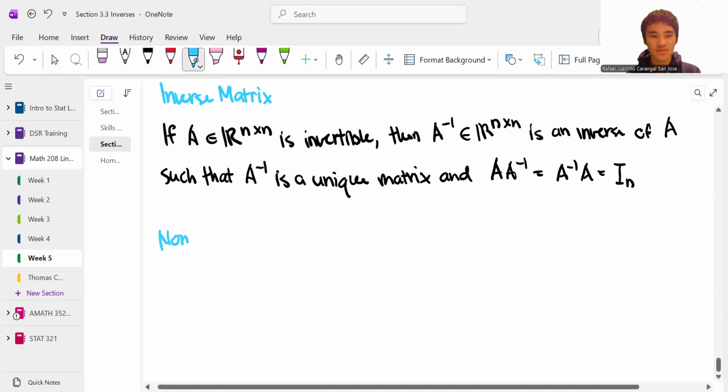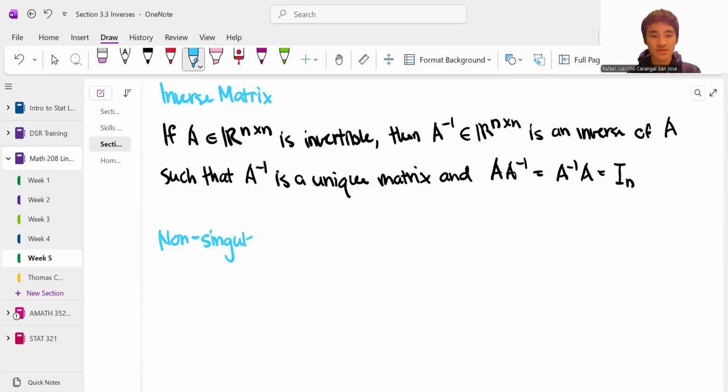Okay, let's talk some buzzwords. Non-singular and singular. I have no idea what these are. The first time I'm going to look at this. So we say that a square matrix A is invertible. Oh, we call that non-singular. But if it doesn't have an inverse, it's singular. Oh, I see. Okay, it's a really simple idea.